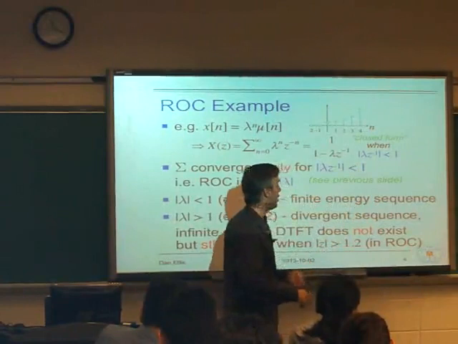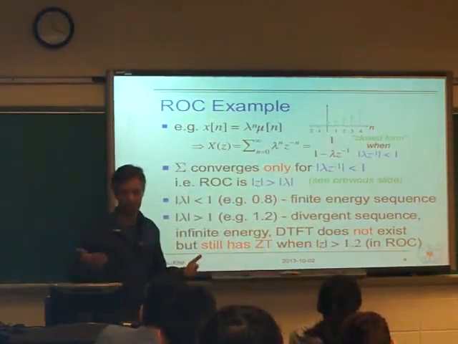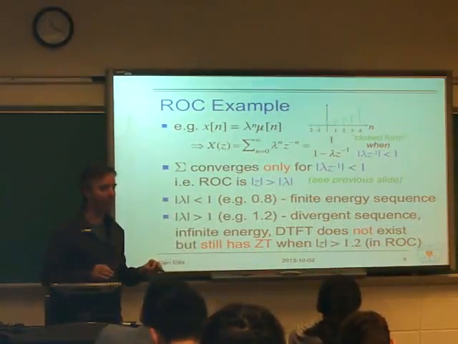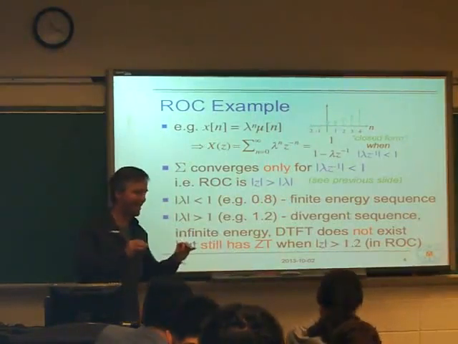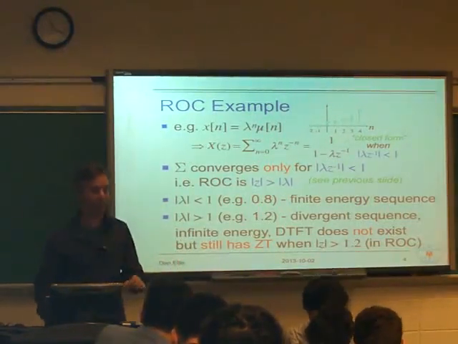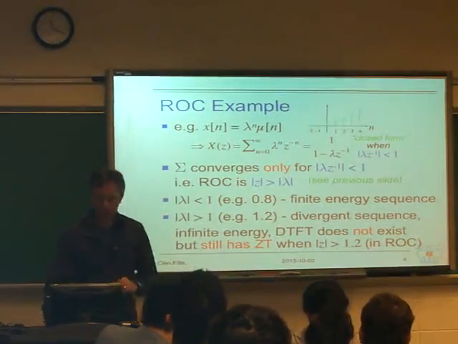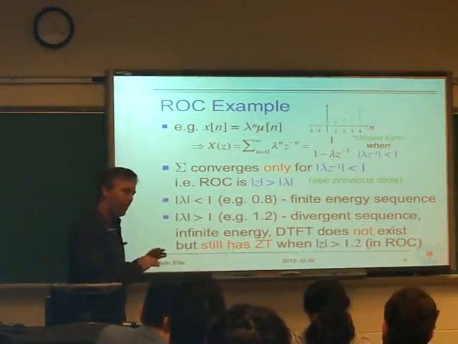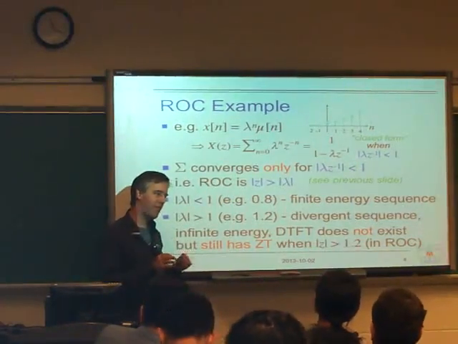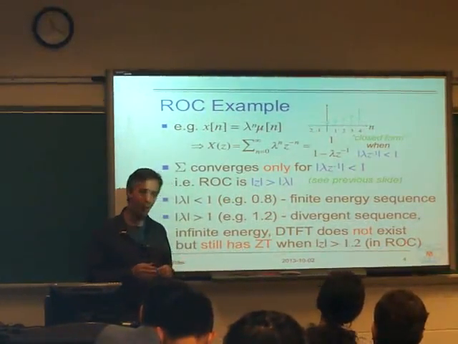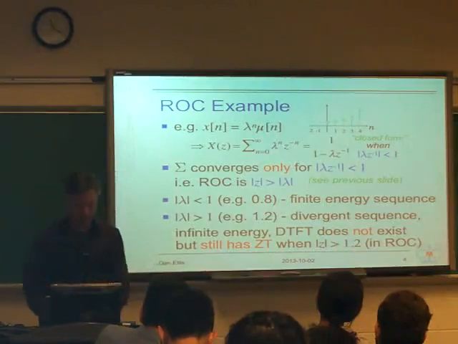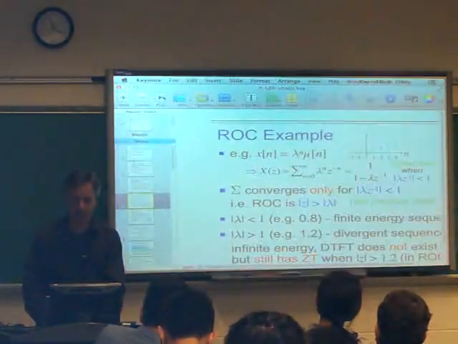There are some values of Z where it converges. One of them includes the unit circle, the values of Z which correspond to the DTFT. But like I say, this was very much an axiom for me, something that just was true and you had to deal with.